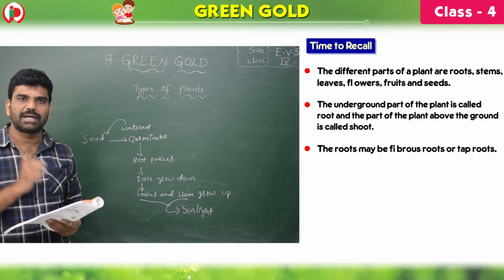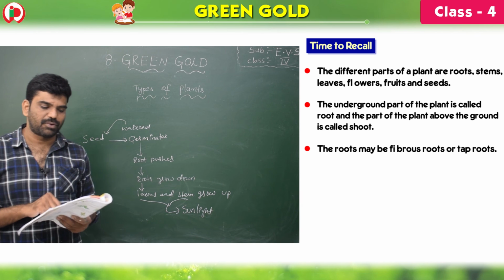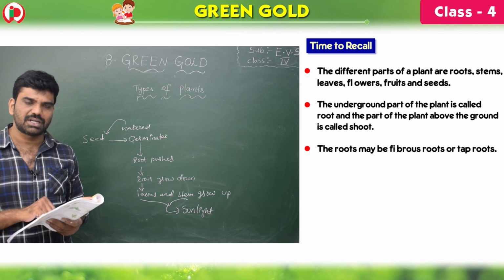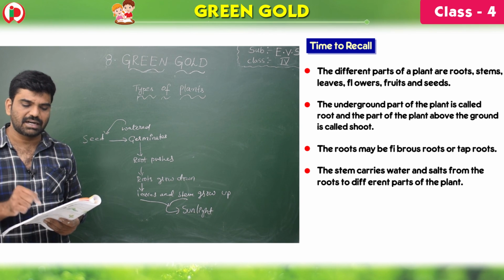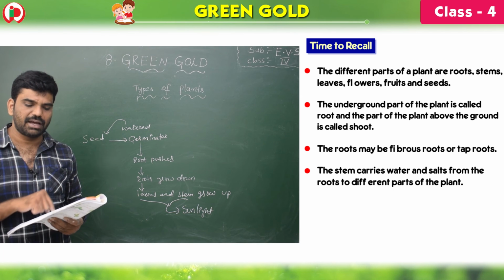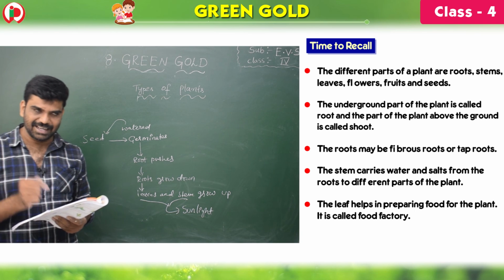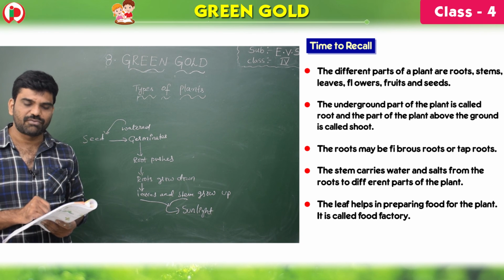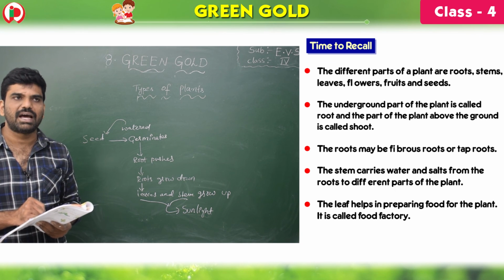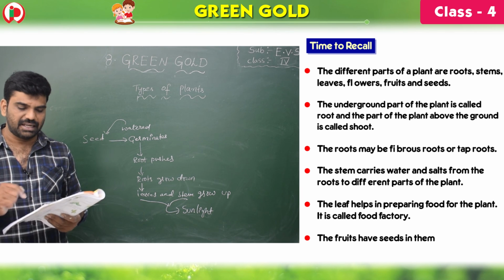Roots may be of two types, children: fibrous or taproot. What is the function of the stem? It carries water and salts from roots to different parts of a plant. What is the function of the leaf? It helps in preparation of food material. It is called the food factory. The fruits have seeds in them.